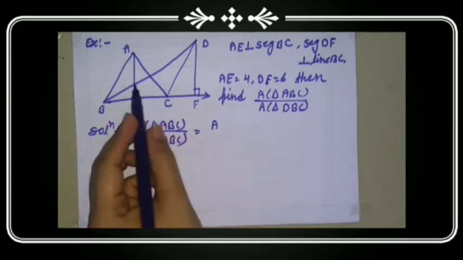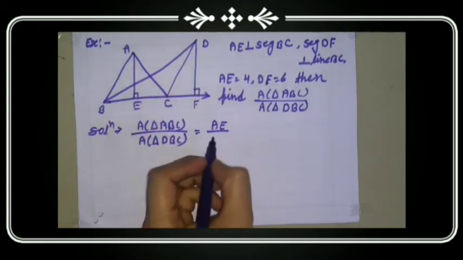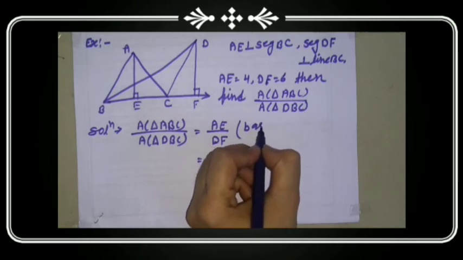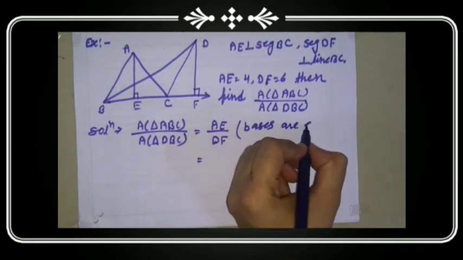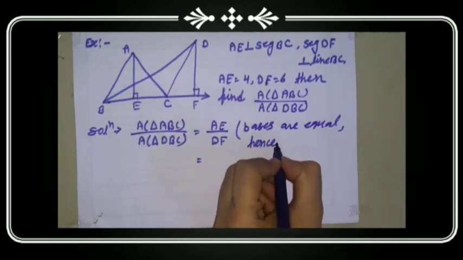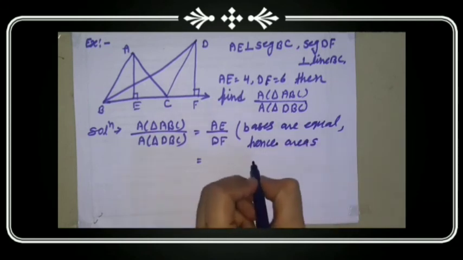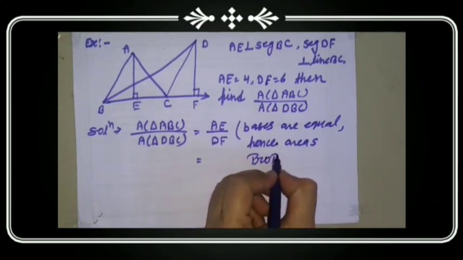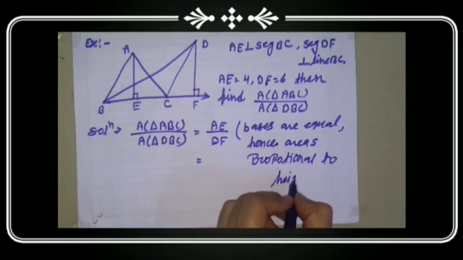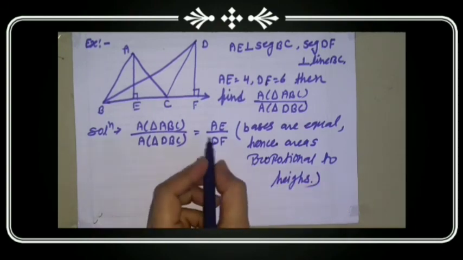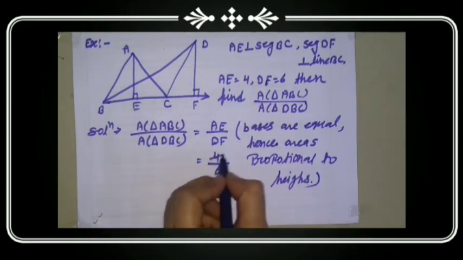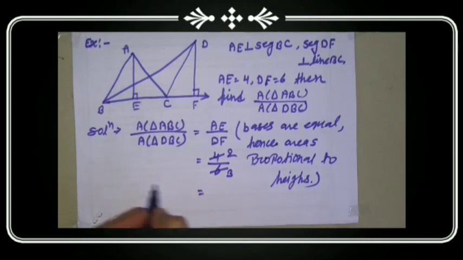Therefore, AE divided by DF equals 4 divided by 6. 2 2s are 4, 2 3s are 6.